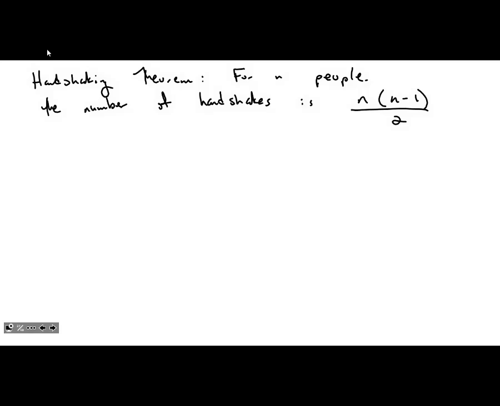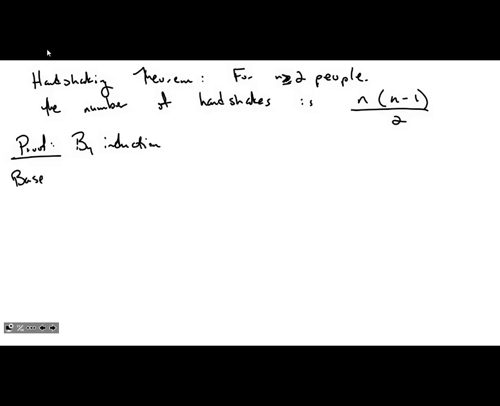I guess I'll say for n greater than or equal to 2 people. Be kind of silly to shake hands with yourself. So for n greater than or equal to 2 people, the number of handshakes is n times n minus 1 over 2. So let's do the proof, and we will do it by induction.